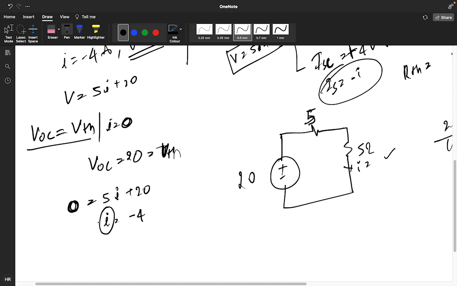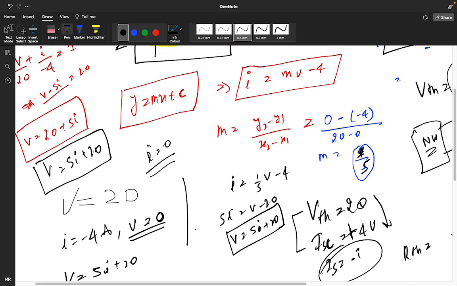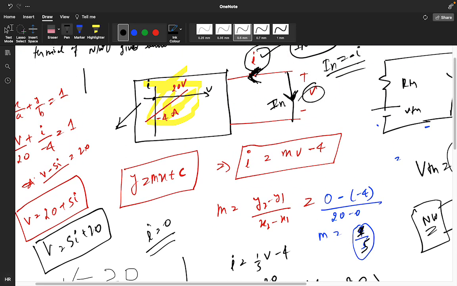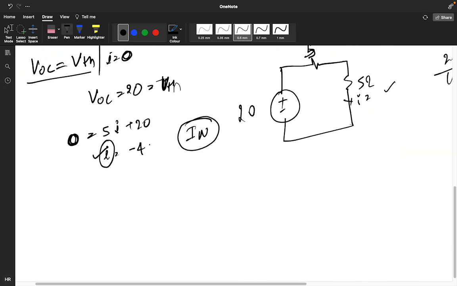But we don't need this I. We need IN, the Norton equivalent current. So we know the relation: the Norton equivalent current is in this direction, and the particular current is given in this direction. So IN is opposite to I, so IN will be minus I. So IN we are getting as 4.